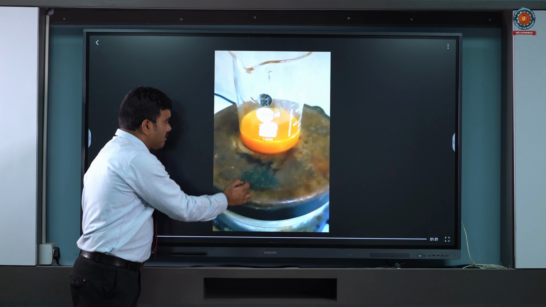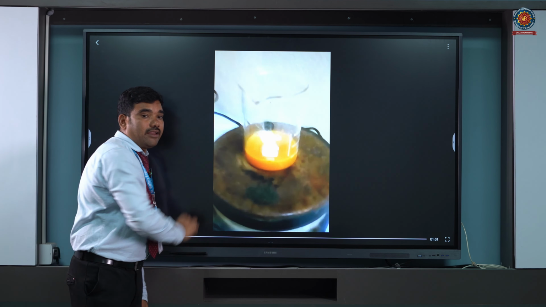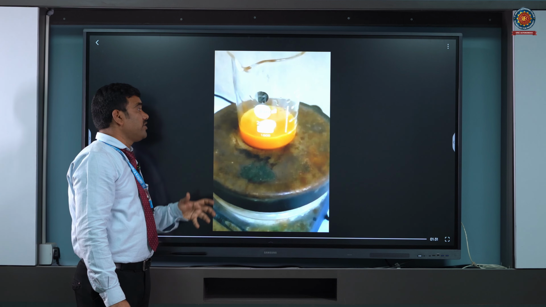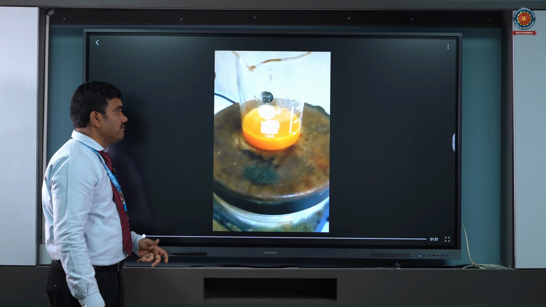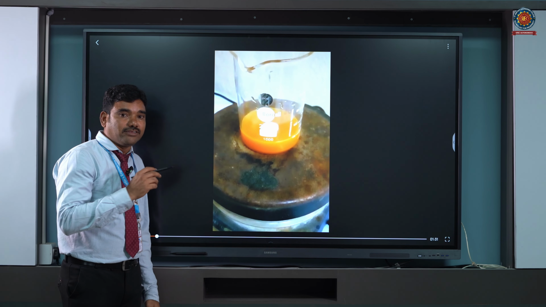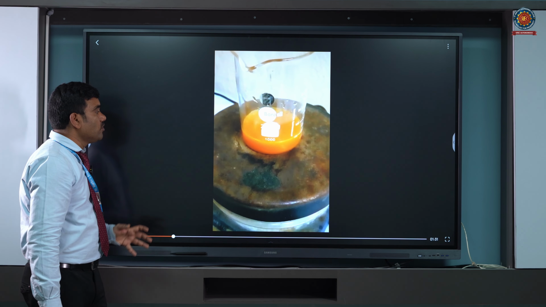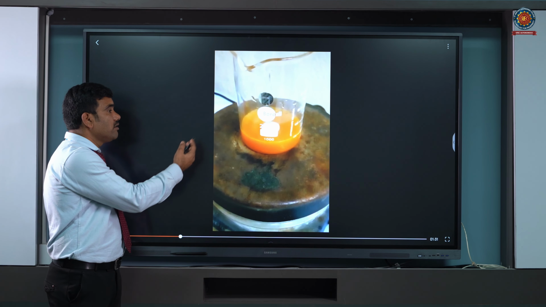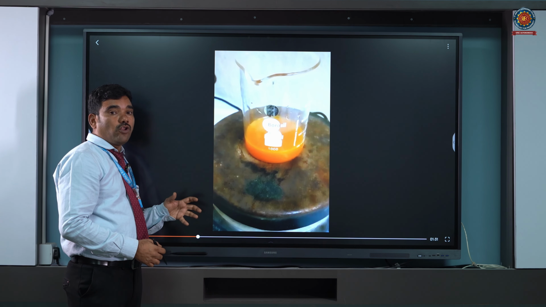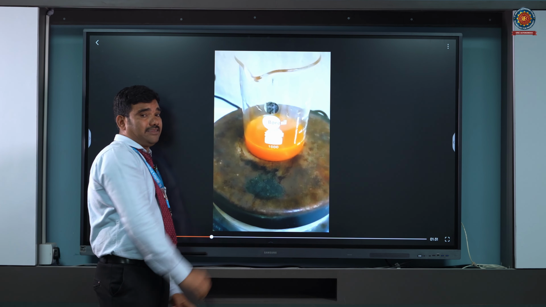In the starting stage, the solution has a yellow color, but after the exothermic reaction, the particle size changes. Then see here, the solution color also changed after the exothermic reaction. This is the beauty of the nanoparticles. This is the solvent synthesis.